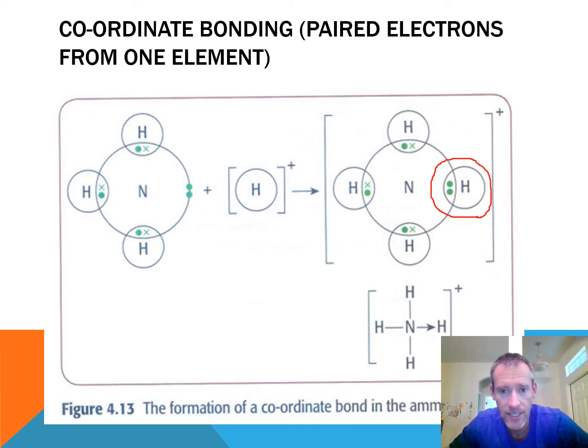So the dots came from nitrogen itself. Hydrogen didn't share any electrons here. So that's called a coordinate bond. Okay, so that's kind of tricky. Sometimes you'll see that question in a multiple choice question about coordinate bonds.